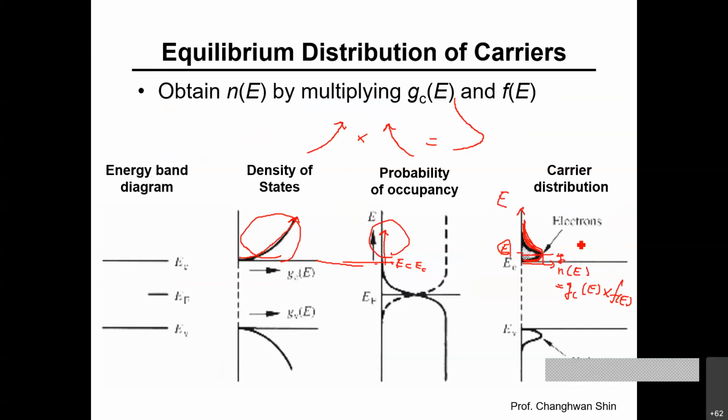This energy difference, E minus E sub C, let's just call it E1. E1 minus EC. What is this value? The answer is KT over 2. Can you estimate how KT over 2 can be obtained? It's a very easy question. Let me give you a hint.